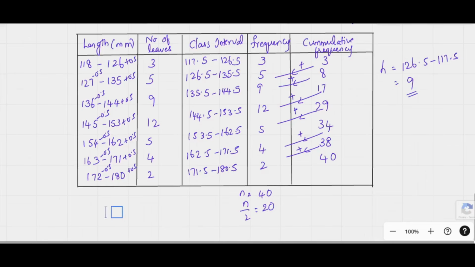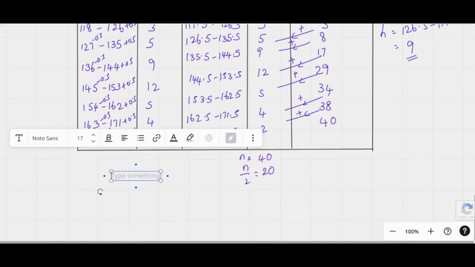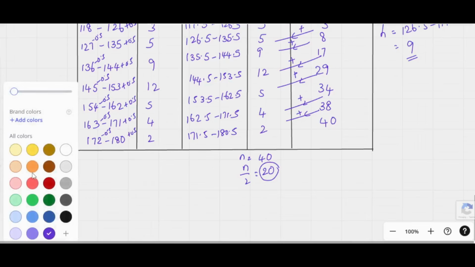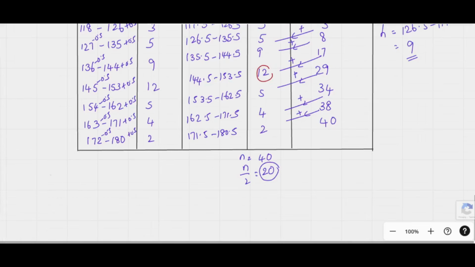Now let us substitute in our formula, and also you have to know the cumulative frequency. What is the cumulative frequency here? n by 2 is 20, right? So 20 is in the range of which number? Here there is no bigger number except 12. So you have to see where 20 lies, checking the numbers in the frequency.